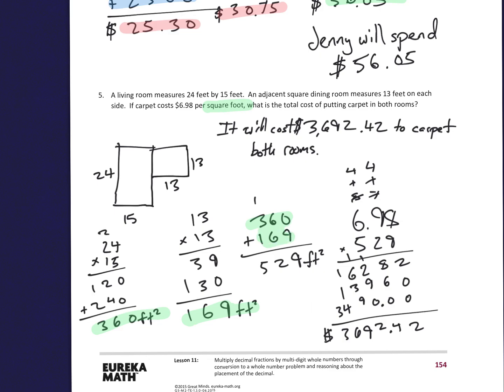That gives us 529 square feet altogether. And so the 529 square feet times $6.98 per square foot is going to give us the final answer down here, 3,692.42. If you got it right, kiss your brain.